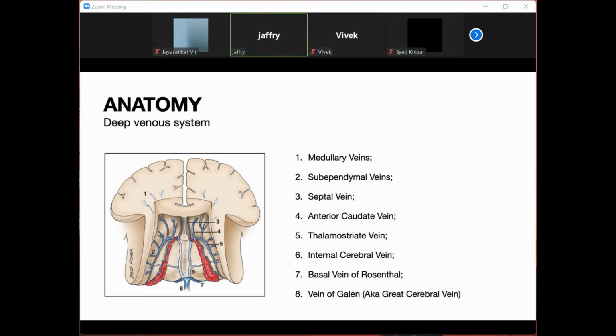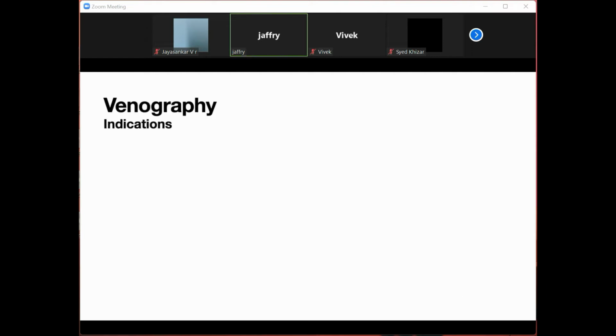The importance here is that this deep venous system drains predominantly the periventricular white matter, basal ganglia, and, very importantly, the thalamic region. Usually deep venous system thrombosis is more grave. CVT itself is grave when it is a big one, but deep venous system thrombosis has a poorer prognosis than routine CVT.